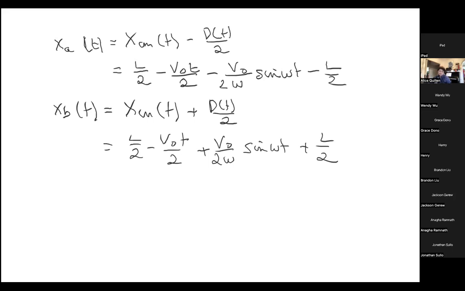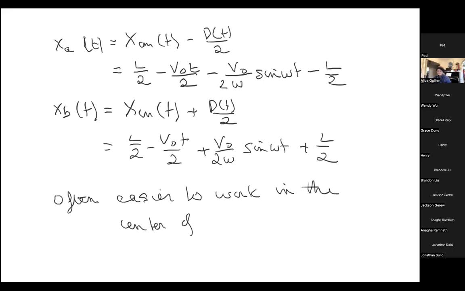So it's often easier to work in the center of mass frame. That's the point of this example. It's also practice at using initial conditions and reminding yourself what harmonic oscillator solutions look like. Okay, so that concludes this example.